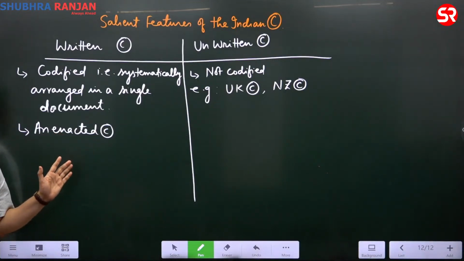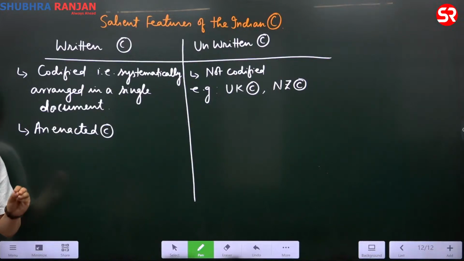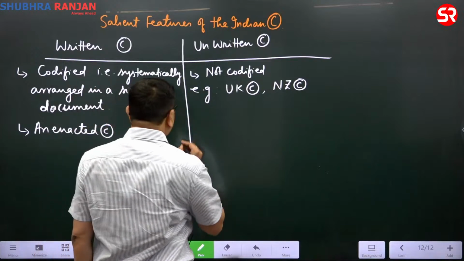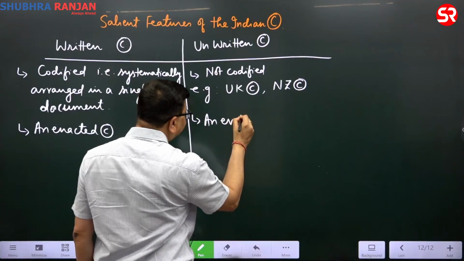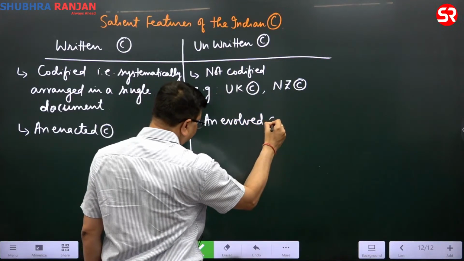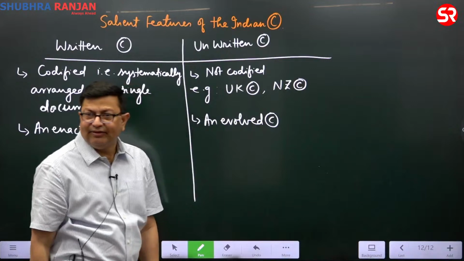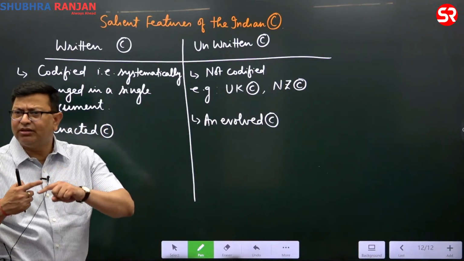The Constituent Assembly enacted it. The American Constitution was enacted by a body called Philadelphia Convention. So the group of people were termed as Philadelphia Convention. So an enacted constitution: they wrote the constitution, this is the constitution of this country. On the other hand, an unwritten constitution is an evolved constitution. It is an evolved constitution, gradual evolution.